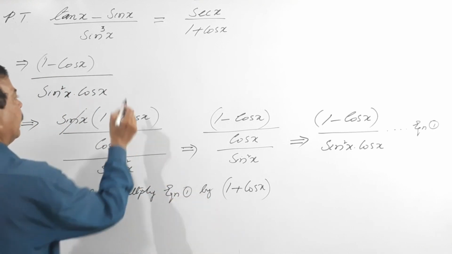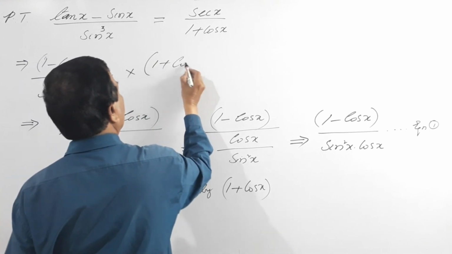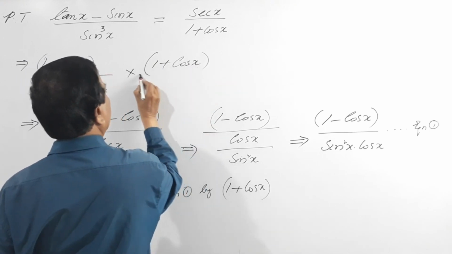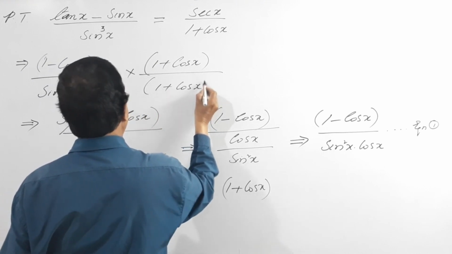So divide and multiply, 1 plus cos x, 1 plus cos x.